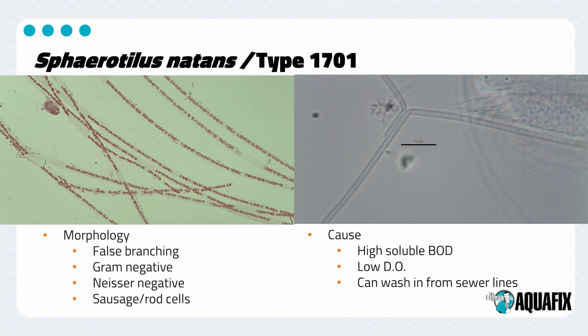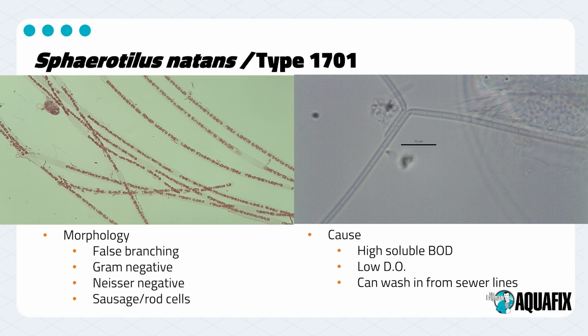It's very indicative of high soluble BOD and low DO. These two issues go hand in hand. When you have a lot of soluble BOD in a system, it can cause a lot of oxygen demand, which can crash DO. Also, type 1701 tends to grow in sewer lines because it likes very low DO systems, and it can wash in from your sewer lines.